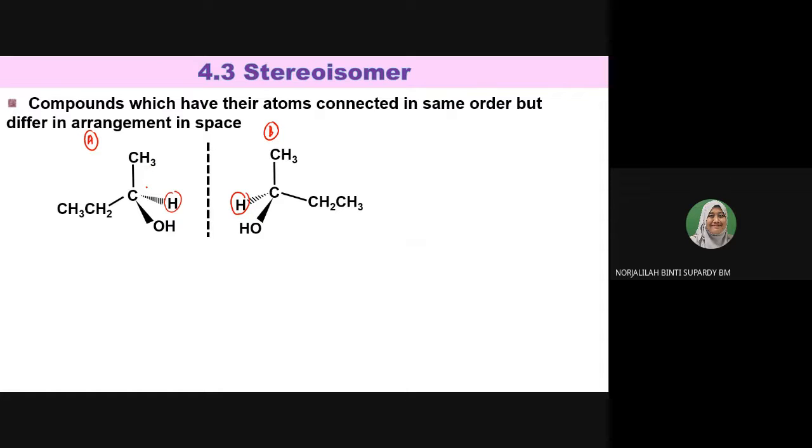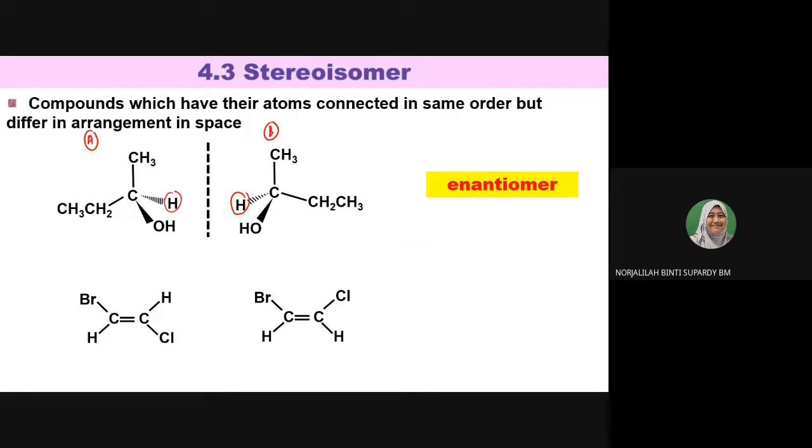So structure A at the left side will have the mirror image structure as structure B. This is what we call an enantiomer. The other stereoisomers are the cis-trans isomers that consist of a carbon-carbon double bond or carbon single bond.